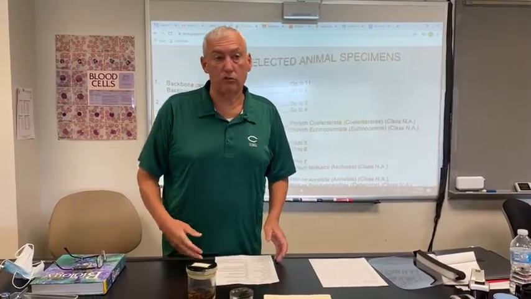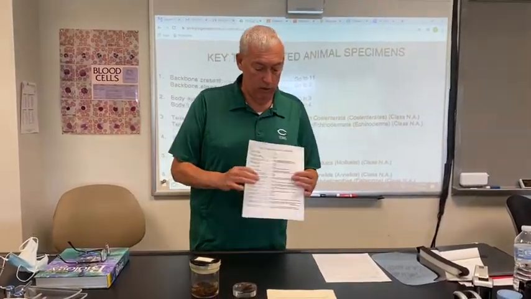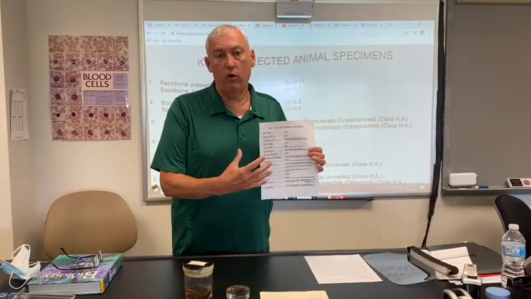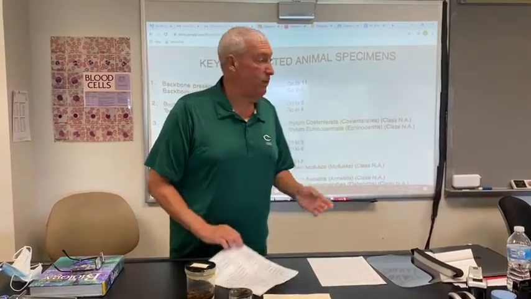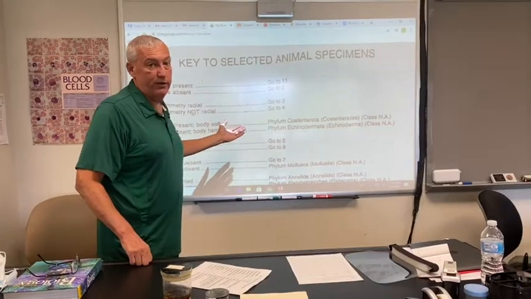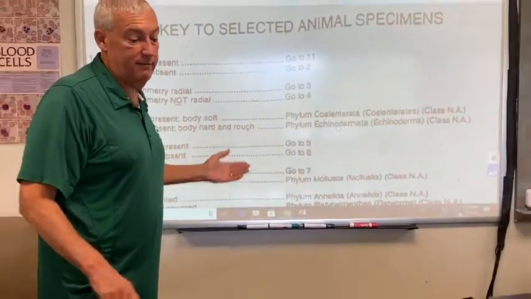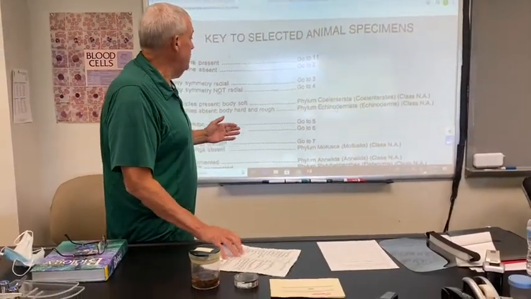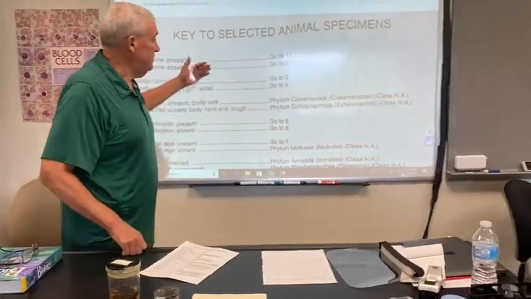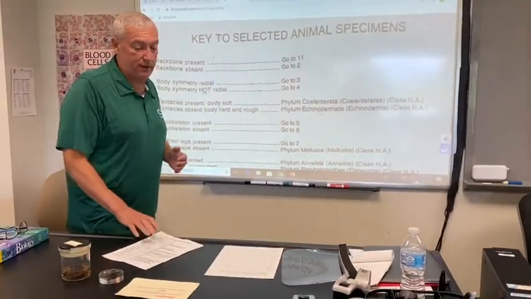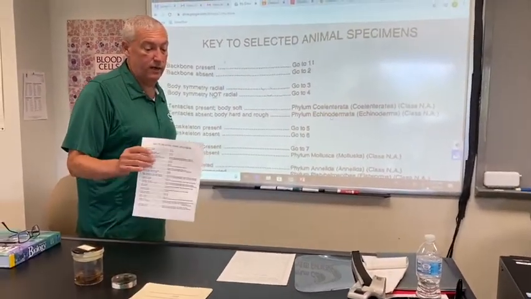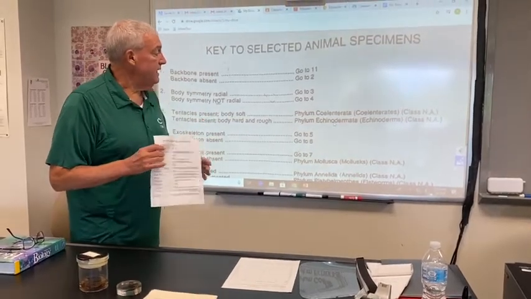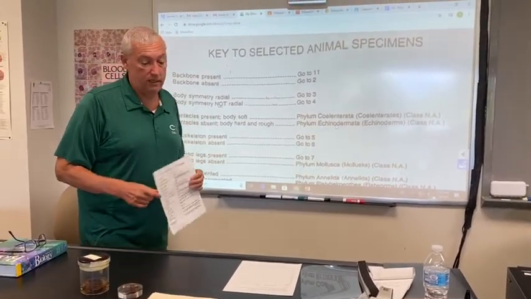So we're going to do this real simply. We're going to use what we call a dichotomous key, and we have one up on the board here. A dichotomous key is very simple to use. It is just a step-by-step process to get our classification.